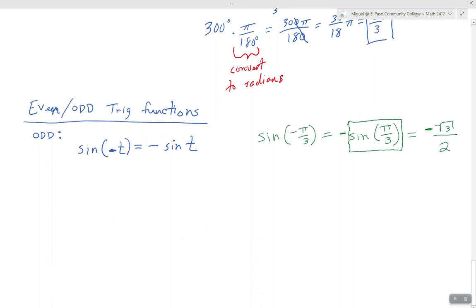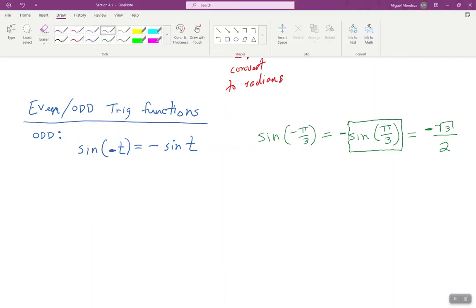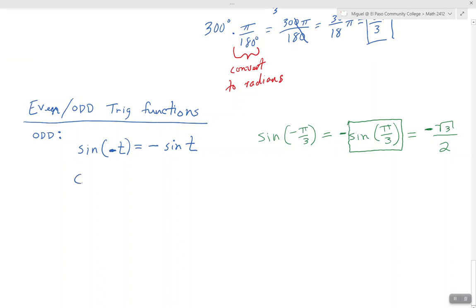So sine is odd. What else is odd? Sine has a reciprocal, cosecant. So cosecant also is given by taking the negative out front and then changing the angle to a positive parameter.